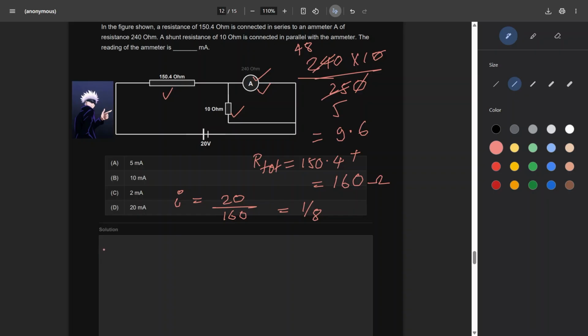So the current will be 1 upon 8 into, you see, V equal to IR, right? So I is inversely proportional to R. So the current flowing through here will be inversely proportional to the resistance, right?